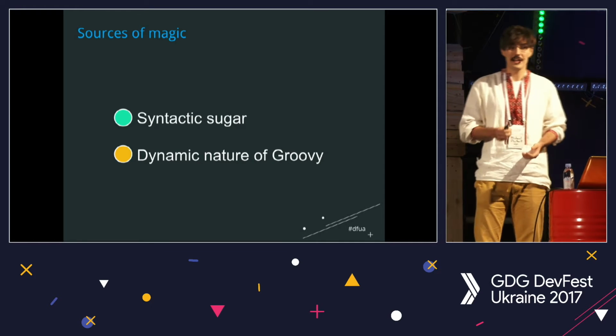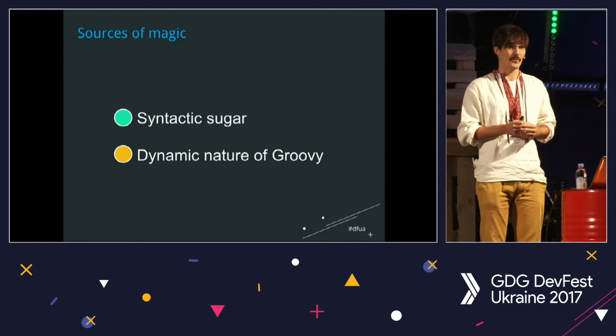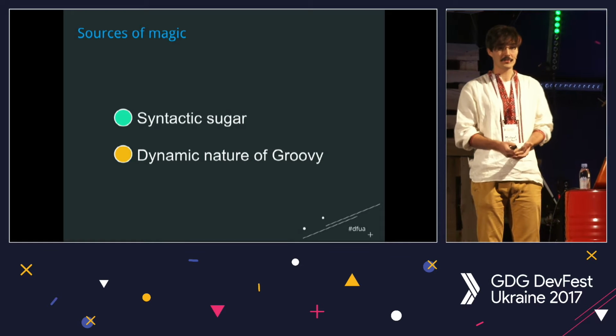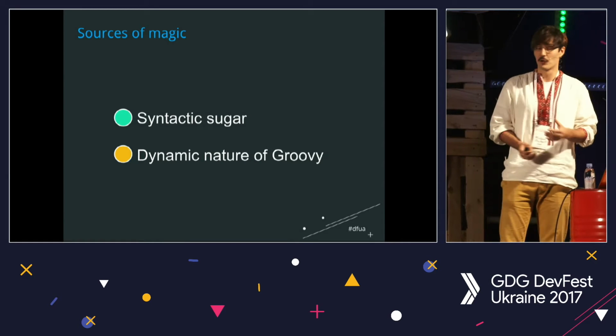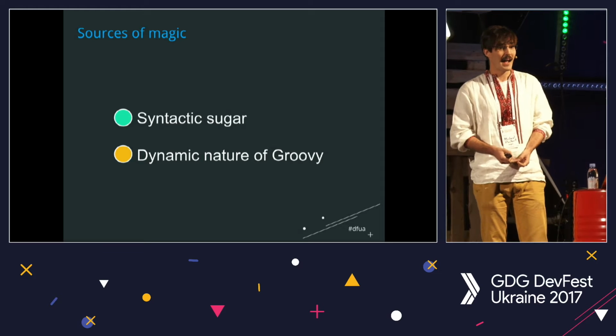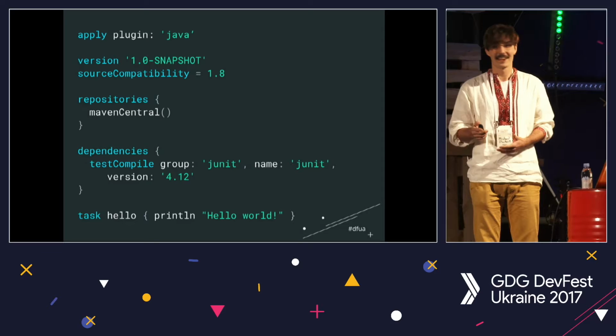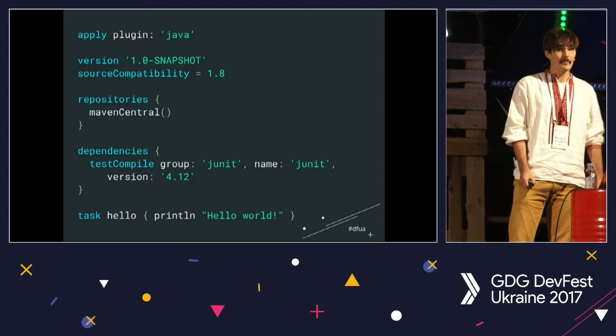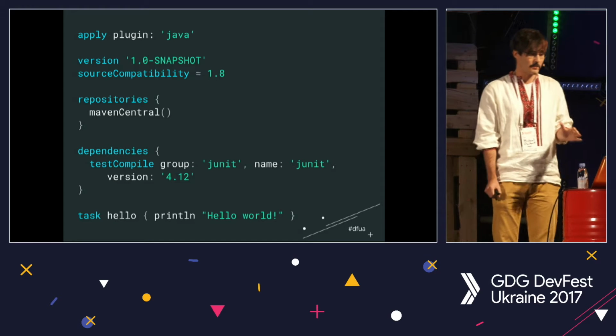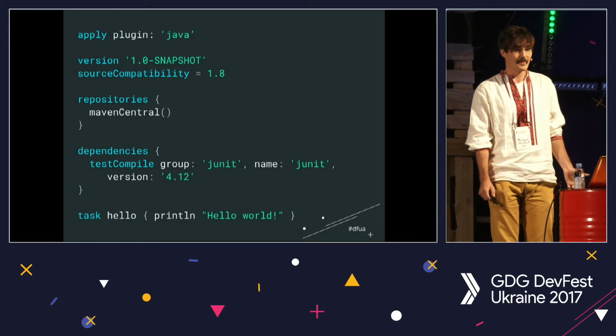And there are two main sources of this magic. First one is Groovy syntactic sugar, and second one is the dynamic nature of Groovy. We will start with the sweet part, with syntactic sugar. This is an example of a basic build script for a Java project.